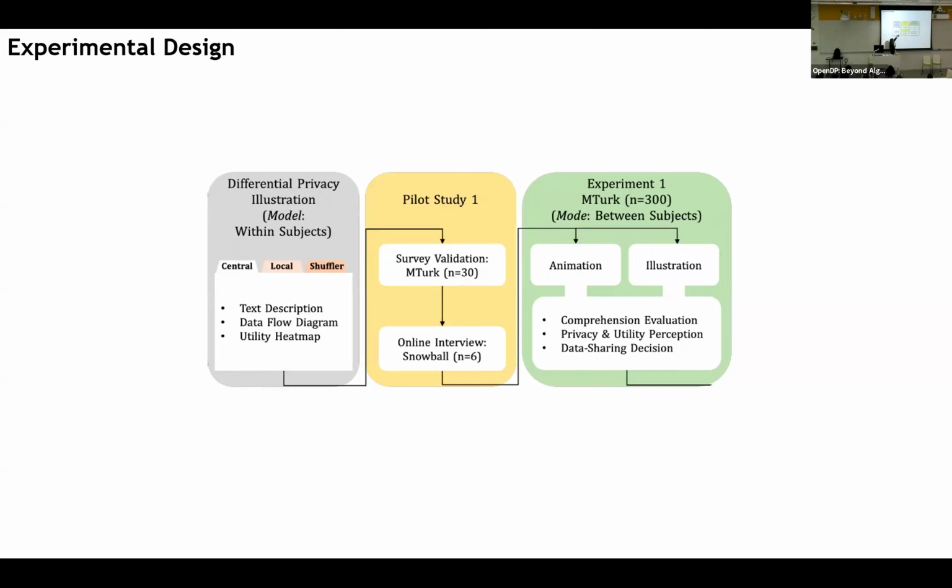So we first run a validation survey with a small number of participants to look into the design and the overall survey flow. After that, we also conduct intensive interviews with a few participants to learn more detail from them regarding the illustration design and the overall survey flow.